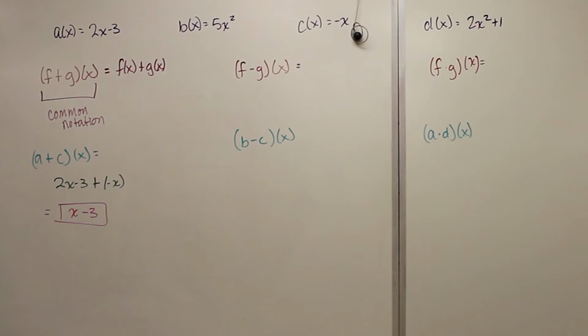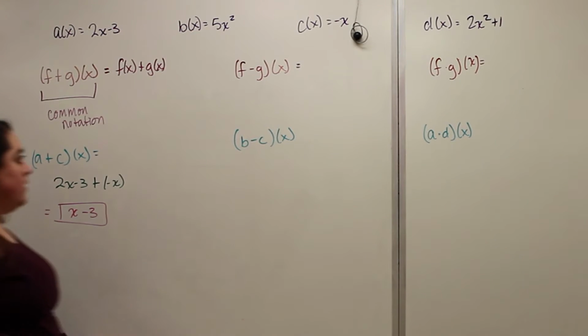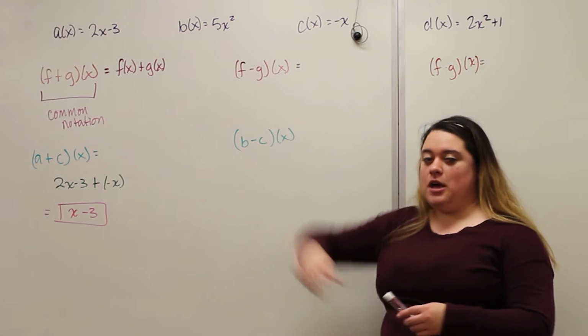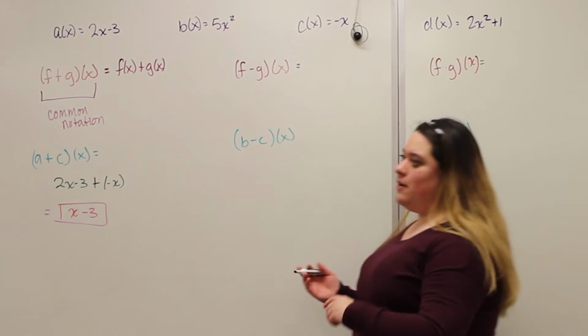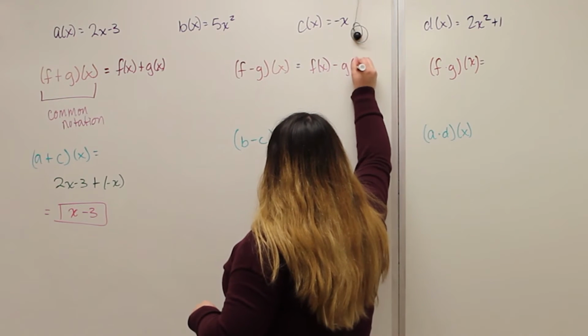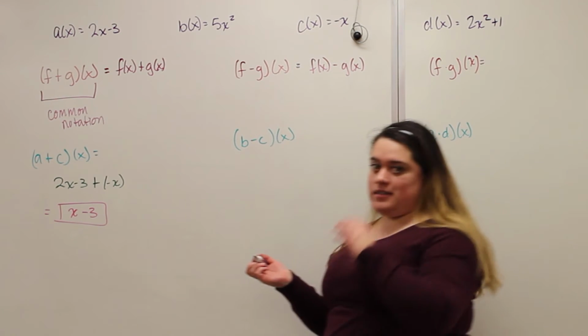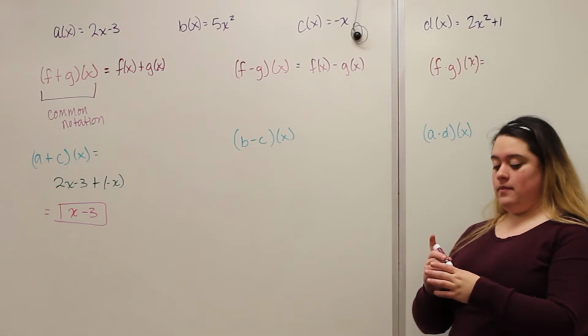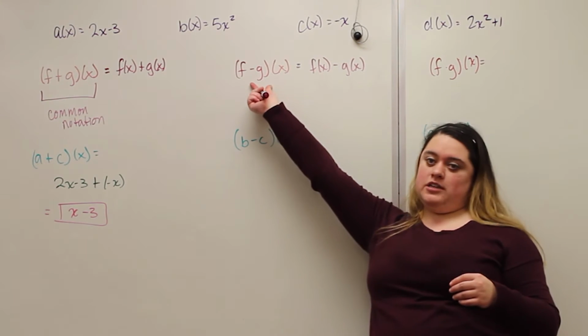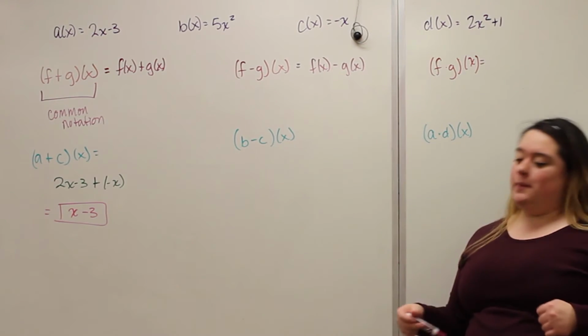Similarly, if we wanted to subtract, here's the common notation: (f minus g)(x). We could also rewrite this as f(x) minus g(x). Once again, this is the common notation, but you can write it like this as well.